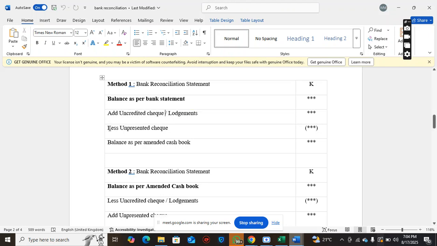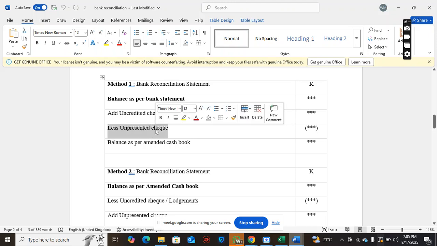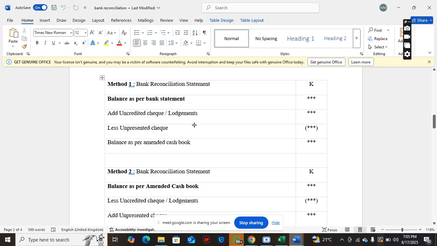Then you subtract unpresented or outstanding checks. These are payments. Once you subtract that, your answer should be the same as the balance of the cash book.